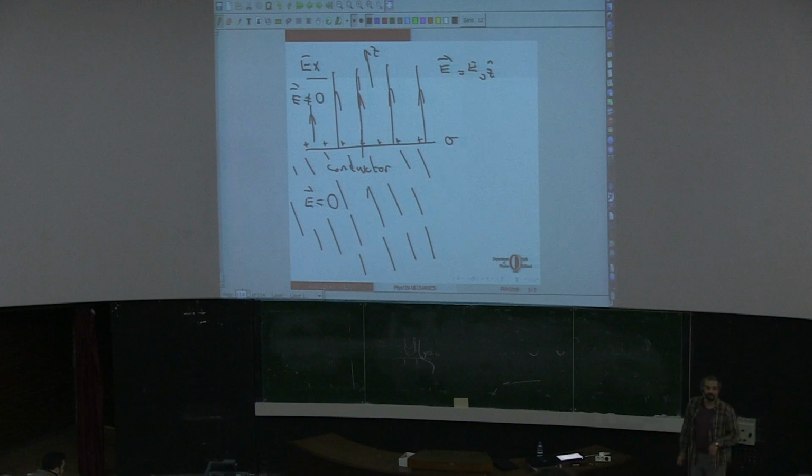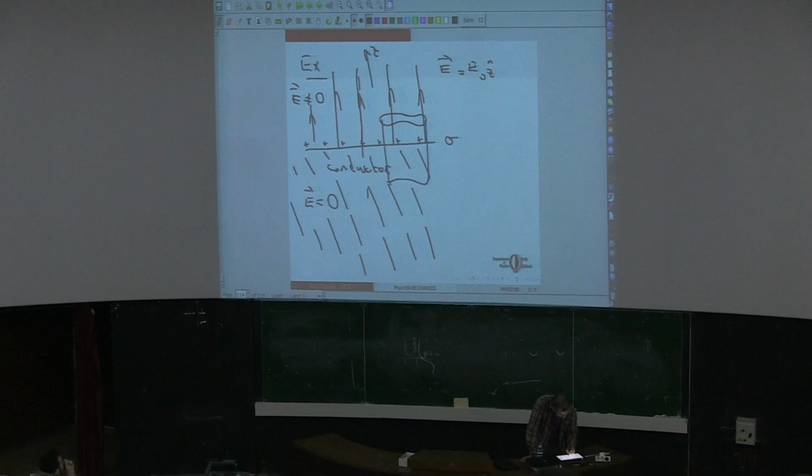Now, what kind of a Gauss surface can we take? A cylinder. Well, we don't even need to bother about the cross-sectional shape. I would rather have it vertical. That's the only constraint I have.